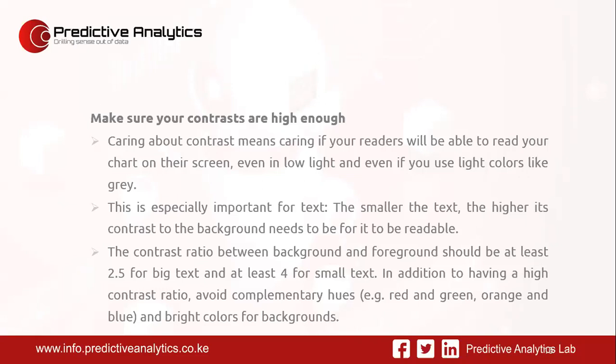The contrast ratio between background and foreground should be at least 2.5 for big text and at least 4 for small text. In addition to having a high contrast ratio, avoid complementary use. That is, for example, red and green, orange and blue, and bright colors for backgrounds.